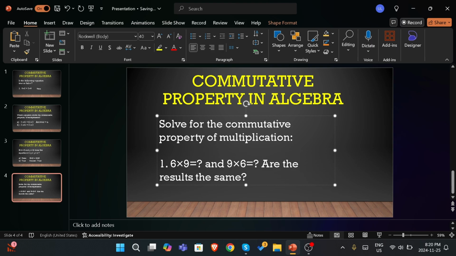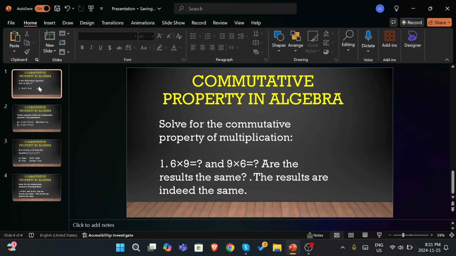So first of all, we're gonna do 6 times 9, which is 54, and 9 times 6 is also 54. So the result is 54 for both of them. So it means that the results are indeed the same.